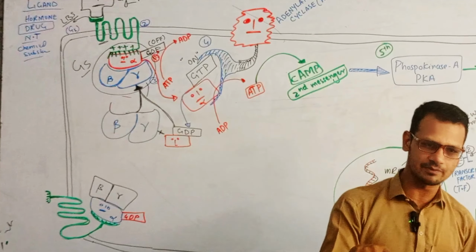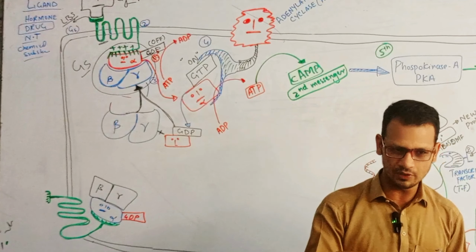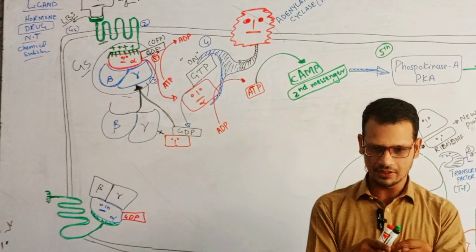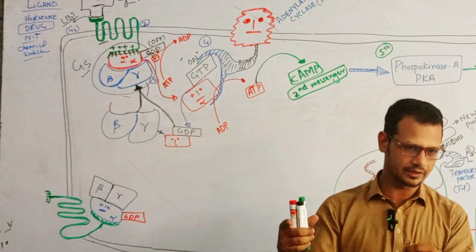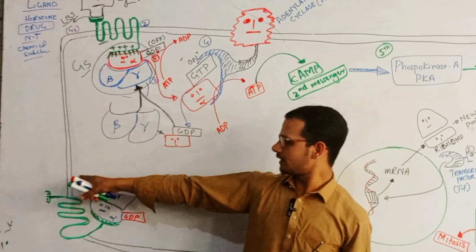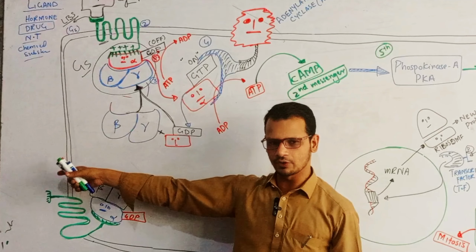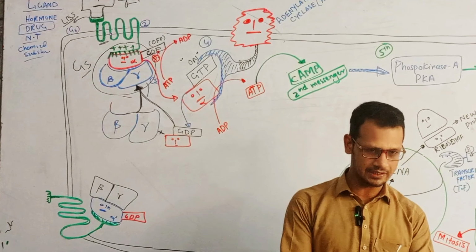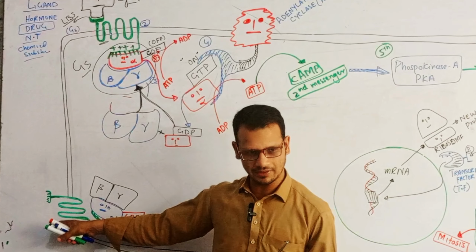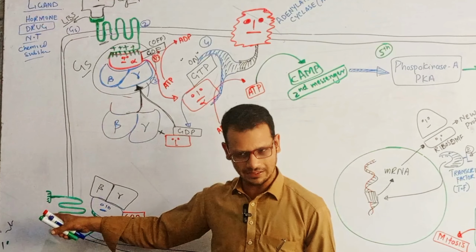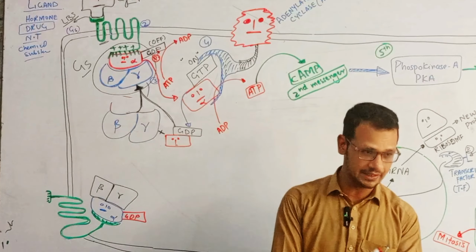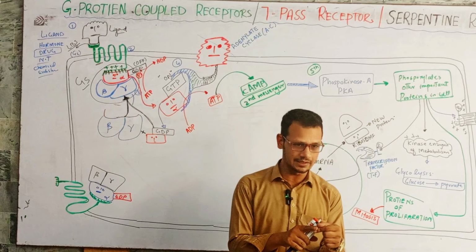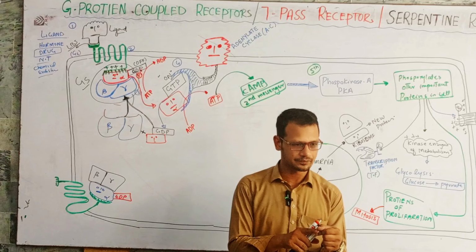Phospholipase A is responsible for converting the phospholipids into arachidonic acid, and arachidonic acid further forms the prostaglandin in the body. But here we have an enzyme or protein called phospholipase C, and phospholipase C will be activated by this receptor, and when phospholipase C is activated, it will activate a neighboring protein called PIP2, phosphatidyl inositol diphosphate, right?